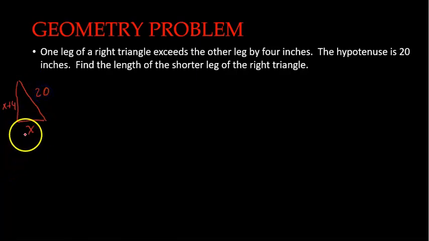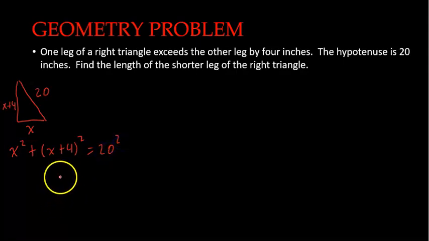So we are going to use the Pythagorean theorem to solve this kind of problem. In this case, one leg to the second power plus the other leg to the second power is equal to the hypotenuse to the second power. Now, we need to expand x plus 4 to the second power.